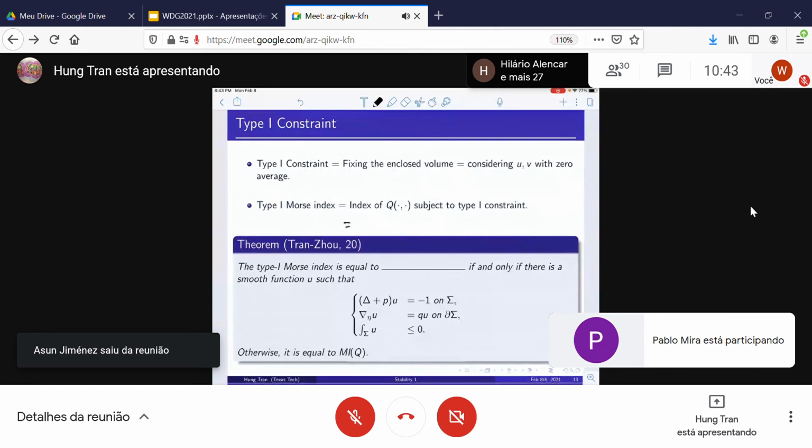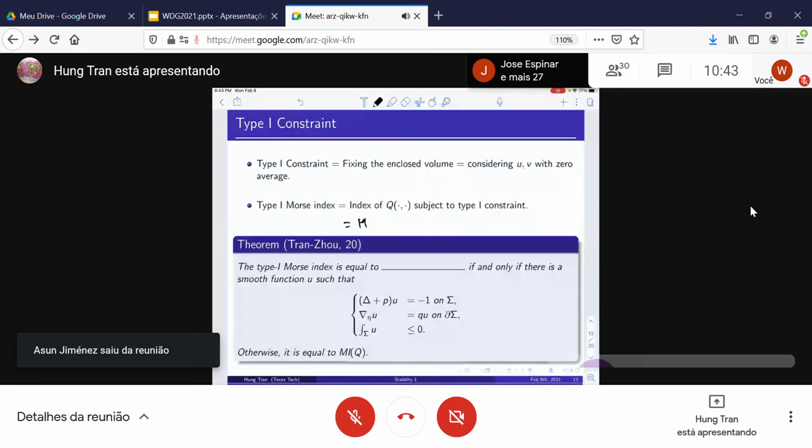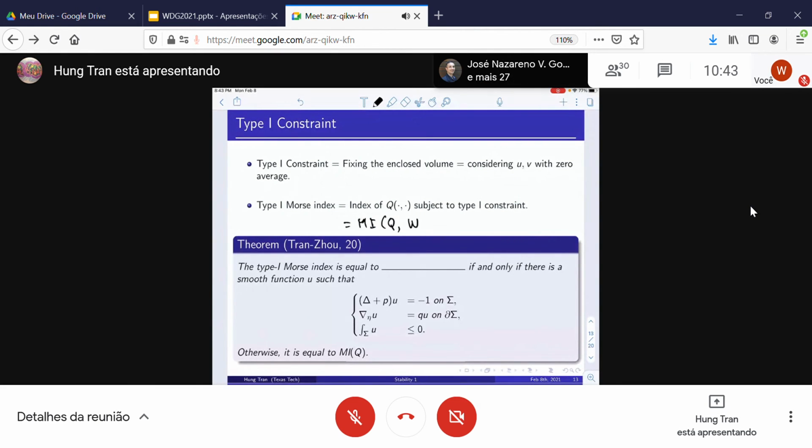So it is basically the index of Q on some subspace W, given by the following definition: you're looking at smooth functions whose integration is 0, so with 0 average. Clearly W here is a subspace of the original space of smooth functions.